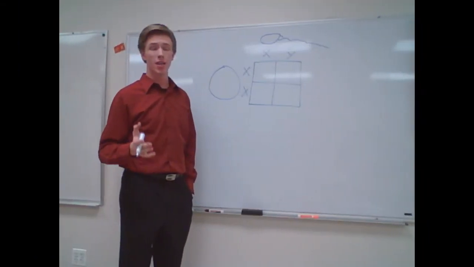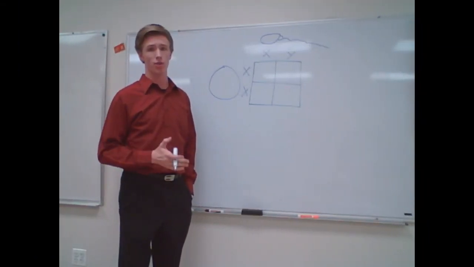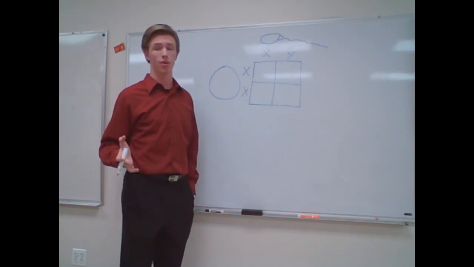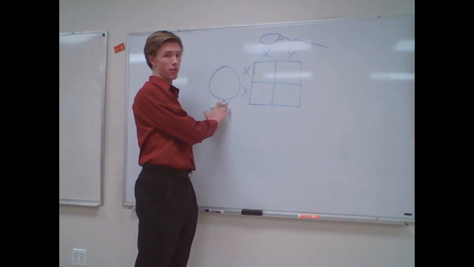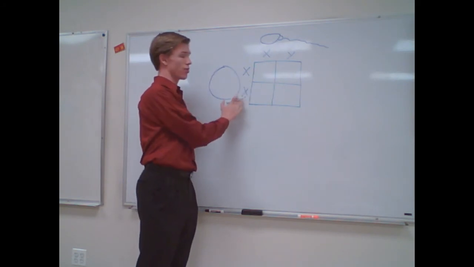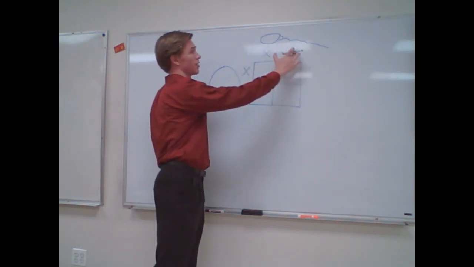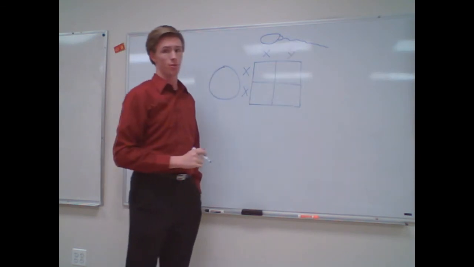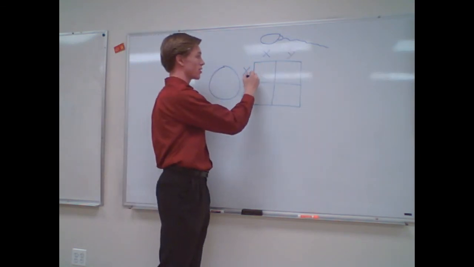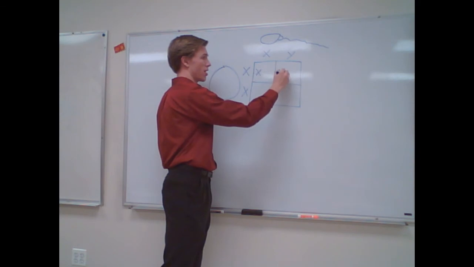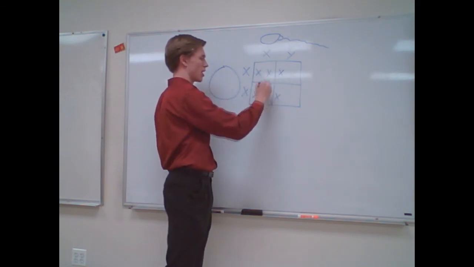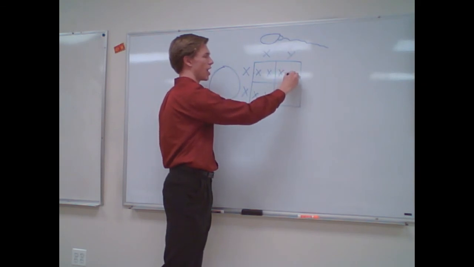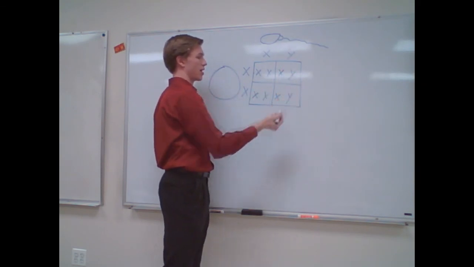So the way that a child's gender is determined, whether it turns out to be a boy or a girl that you're having, the egg, the female, or the mom, can only give an X chromosome. Like we just said, the dad can give an X or a Y chromosome. This becomes just a normal Punnett square, so we're going to put an X from the mom in each of these, and then we're going to put an X for the first column from the dad, and a Y from the dad for the second column.